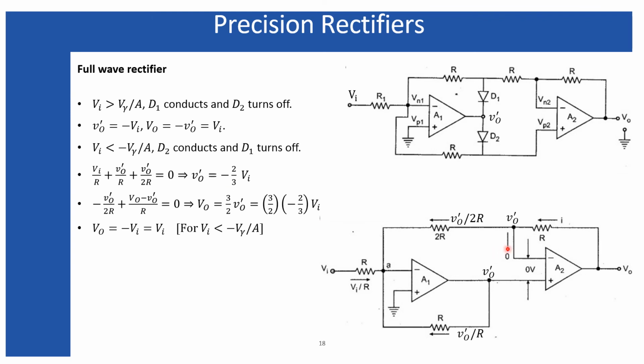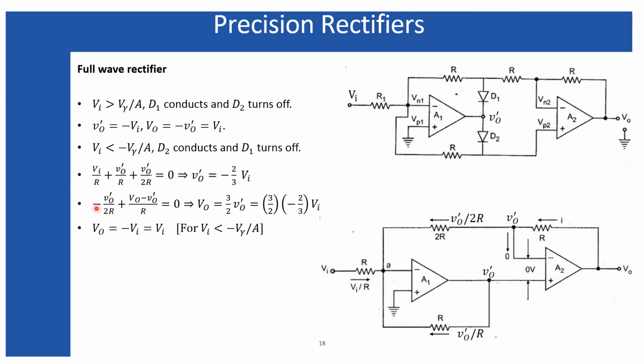Next is that another KCL we need to apply with respect to this node. So with respect to this node, the current V0 dash divided by 2R is leaving this node, whereas this current V0 minus V0 dash divided by R is entering or coming towards this node.